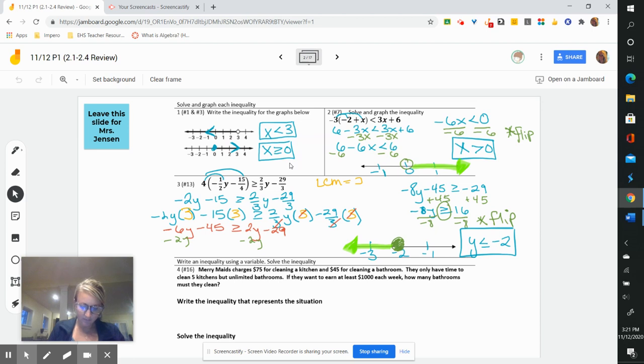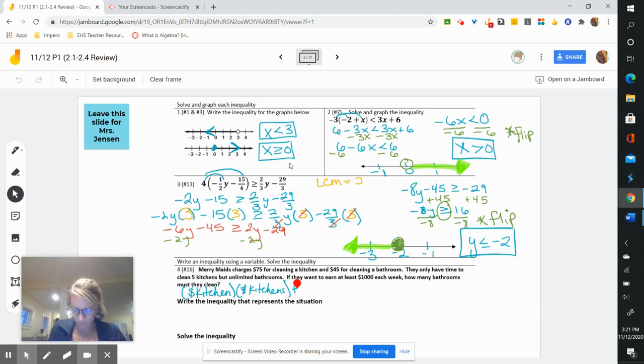So let's set up a verbal model to represent what's happening. So their fee is made up of their cost per kitchen times the number of kitchens. Then we're going to move on to the bathrooms.